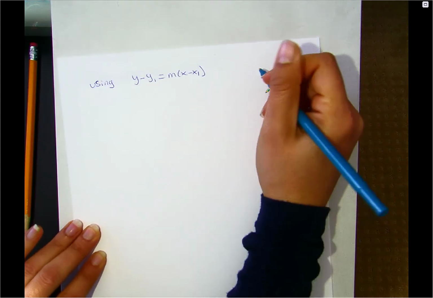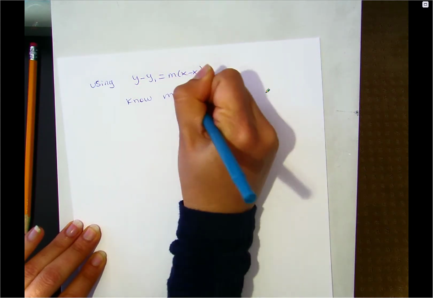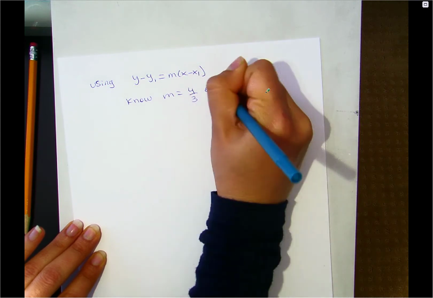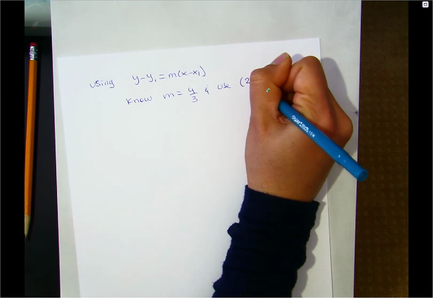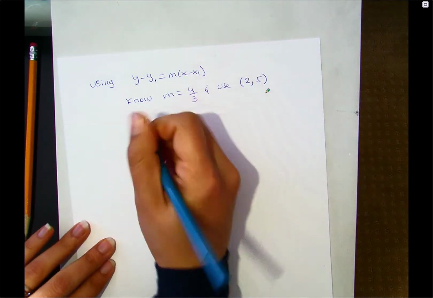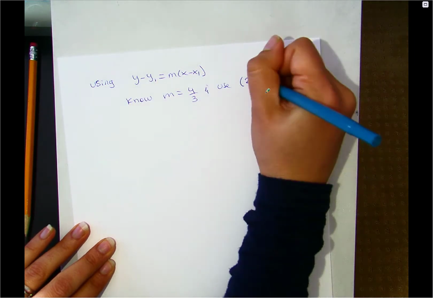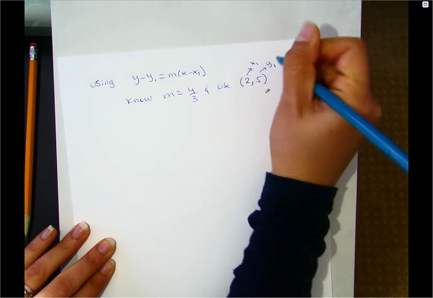We know m is 4/3, and I'm going to use the same point, which was (2, 5). In this case, we substitute, this is now my x1 and this is my y1 in the formula.